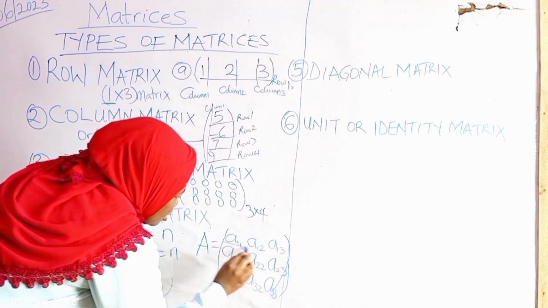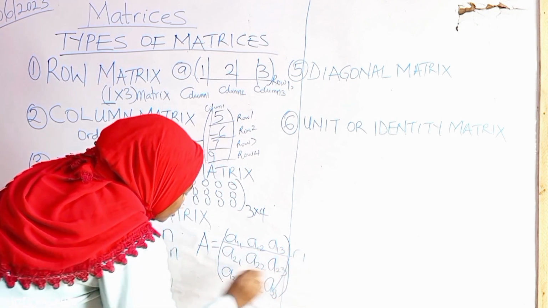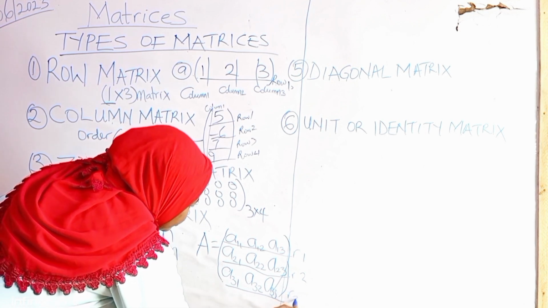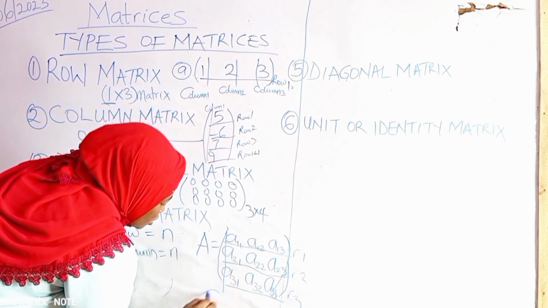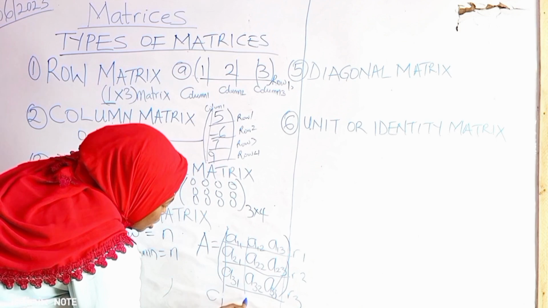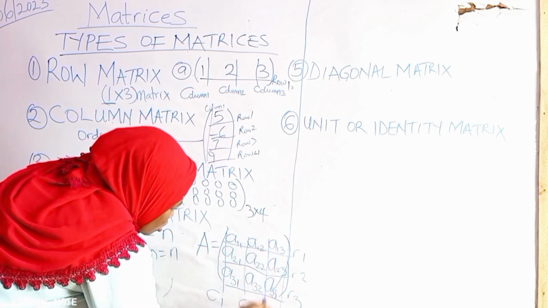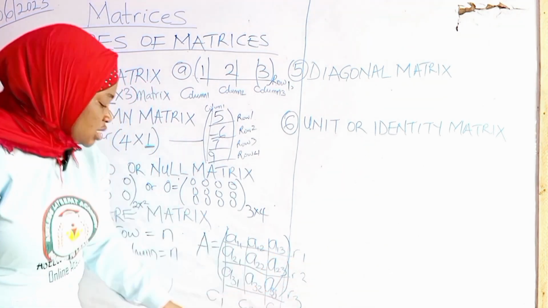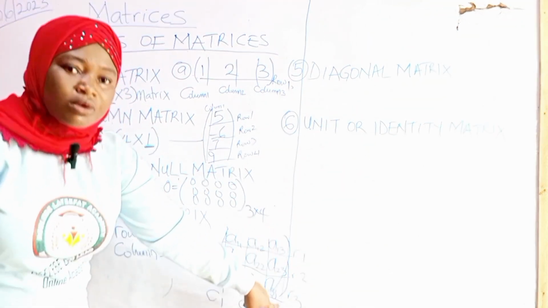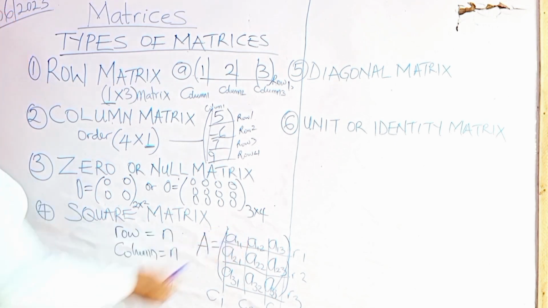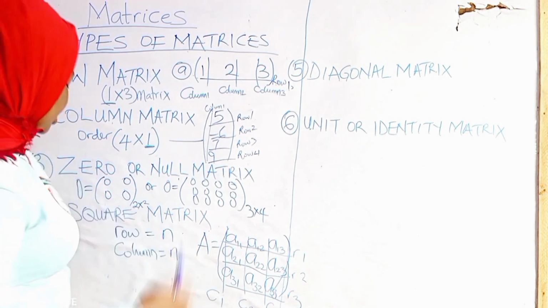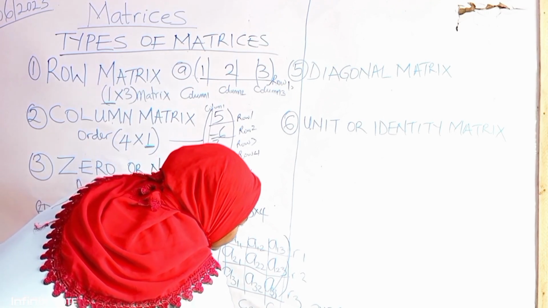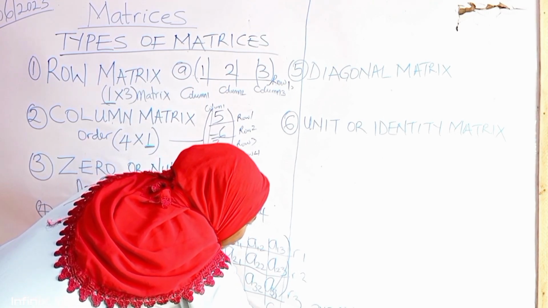So it has row 1, row 2, row 3, column 1, column 2, column 3. You can see that the number of rows is the same as the number of columns. So this is an example of a square matrix. This is a 3 by 3 matrix, and it is a square matrix.